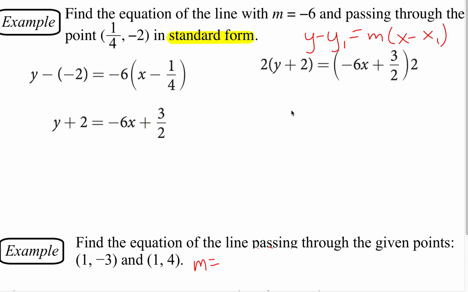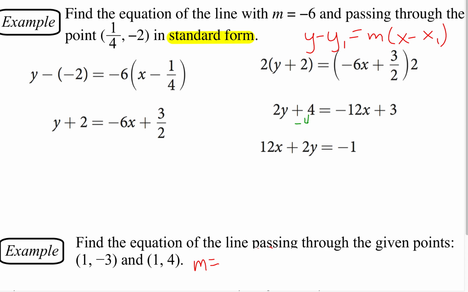So this one gives me 2y plus 4. And on this side, I get -12x. And this 2 cancels here, so I just have a +3. It'd be the same as having 6/2, which is the same as 3. And now we need to add 12x to both sides and subtract 4 from both sides. So I did this all at once, so let me just write down what I did.